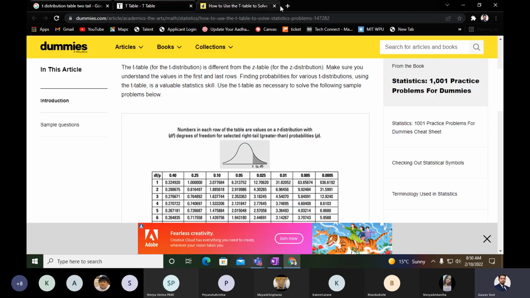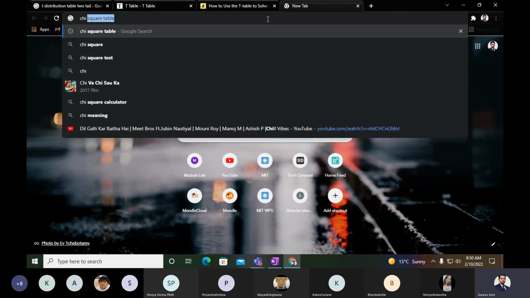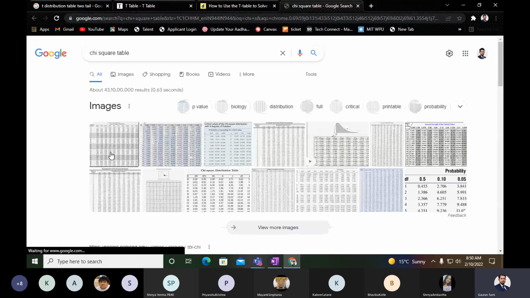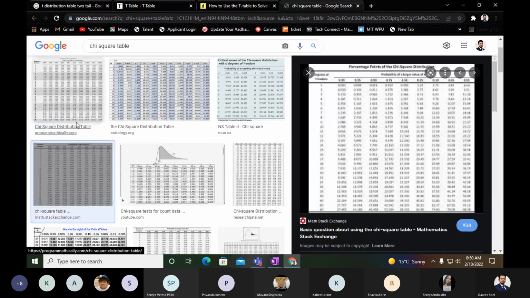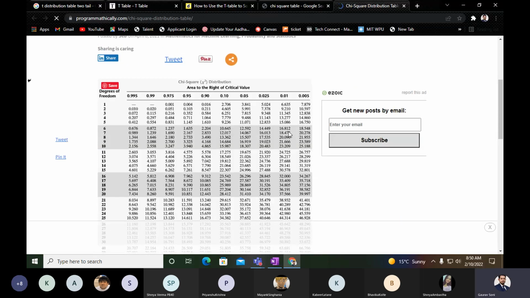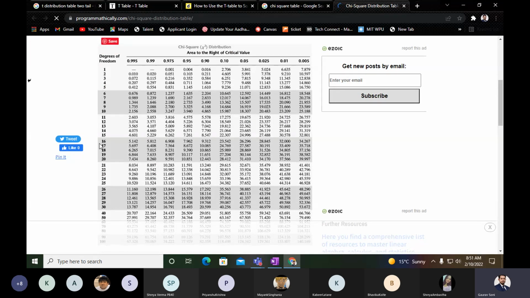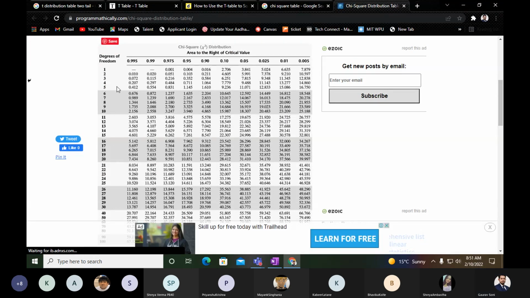Similarly, we can search for the chi-square table. Again, you can see the degrees of freedom. What was the formula? K minus P minus 1, right?